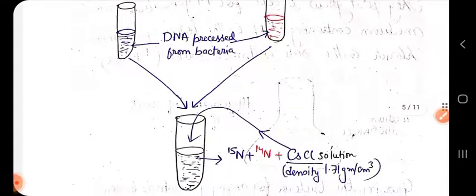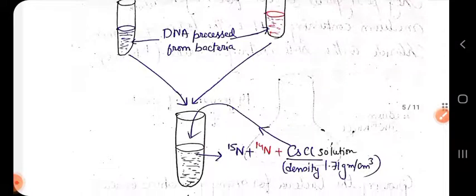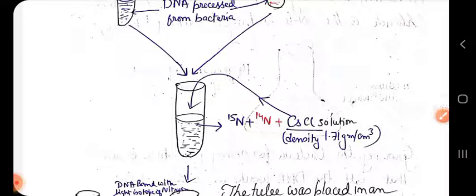And then we mix those DNA solutions. Equal volumes of DNA solution are allowed to mix in a culture tube, and then we add a concentrated solution of cesium chloride. The formula of cesium chloride is CsCl. Why do we add the cesium chloride solution?